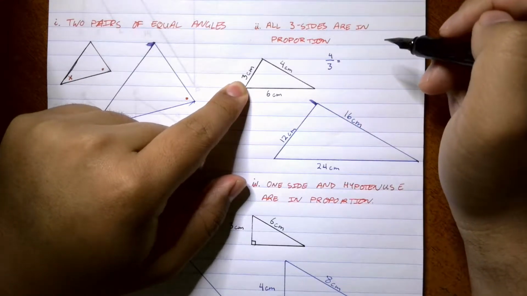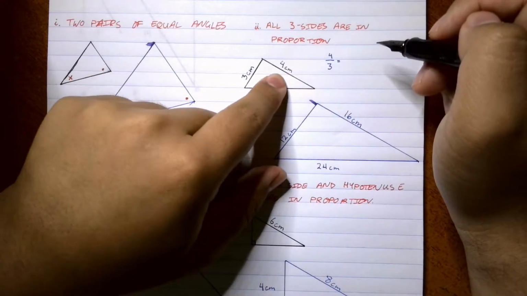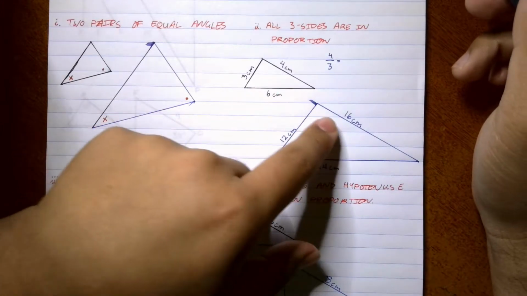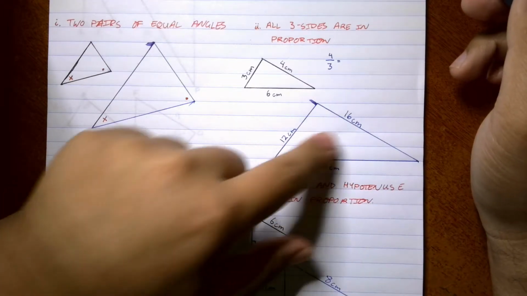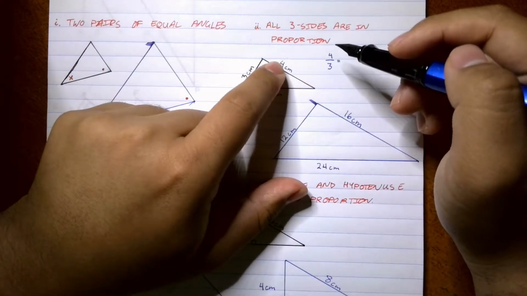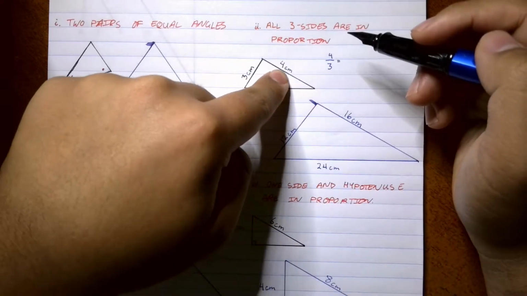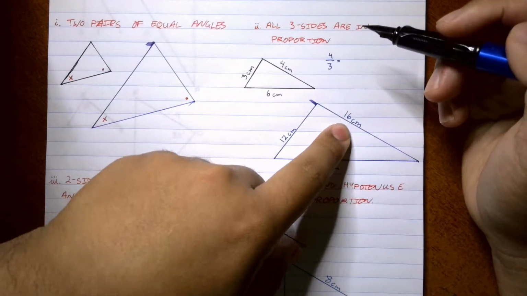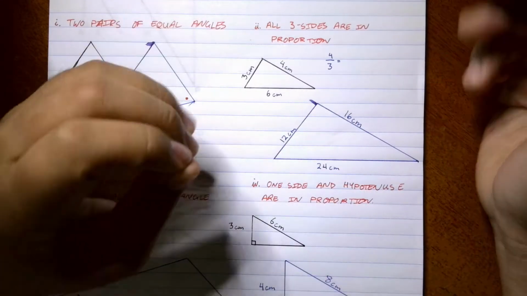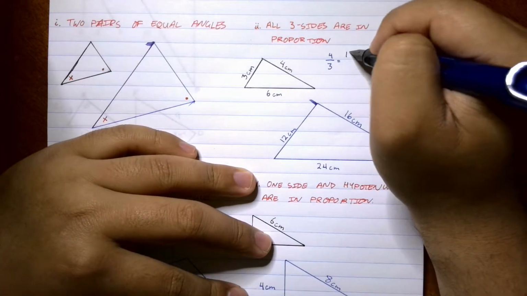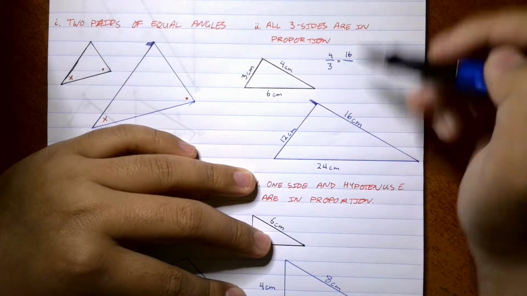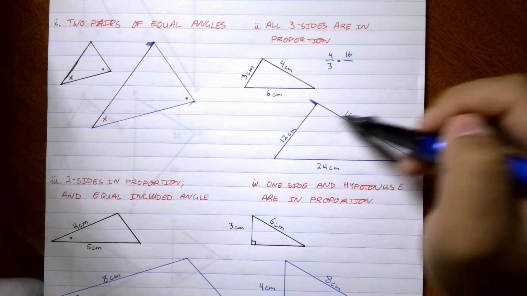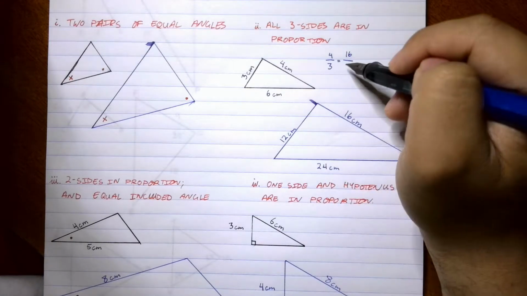and we do the exact same to the larger triangle. The corresponding side to the 4 is 16, which happens to also be the middle length side. So we take 16 over the shortest side in the larger triangle, which is 12.